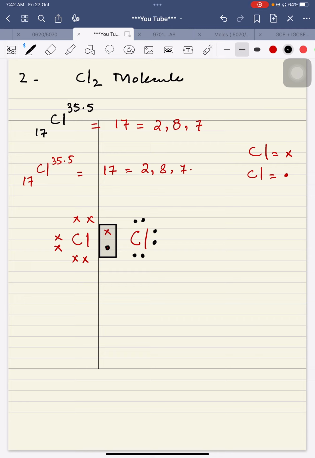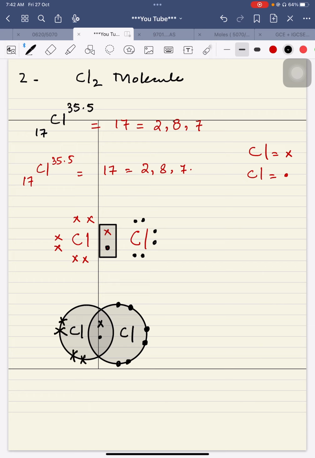And there is a sharing region between the two, one electron from both of the partners. So this is chlorine, and this is the sharing region. All right, and we are going to draw the electrons on the electronic shell very clearly.